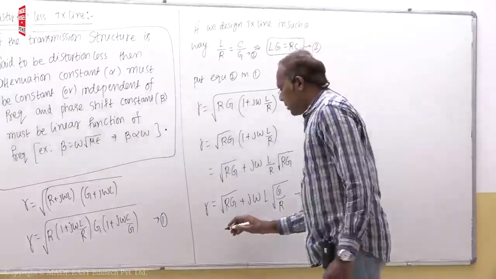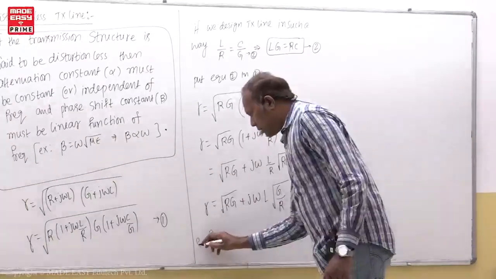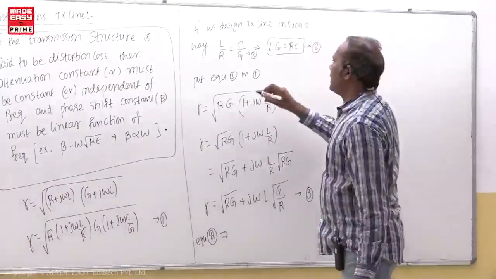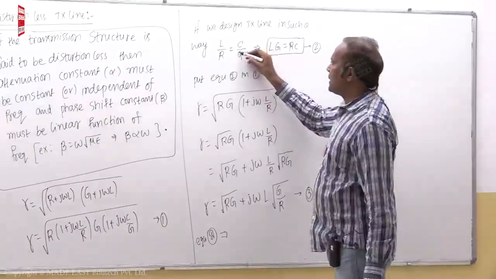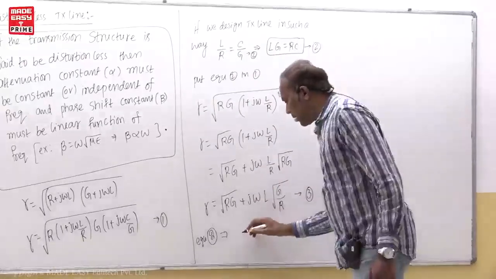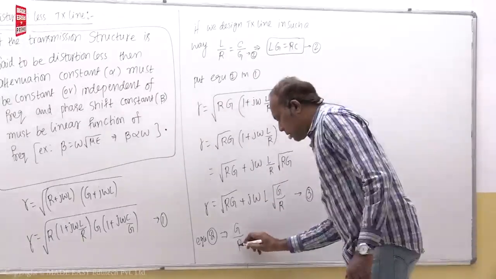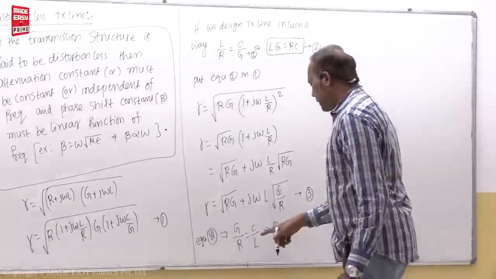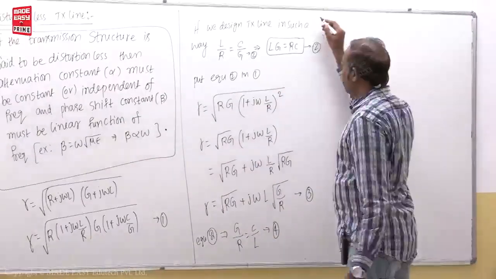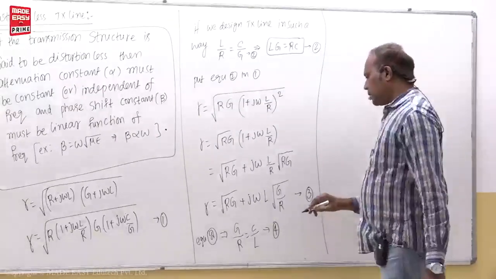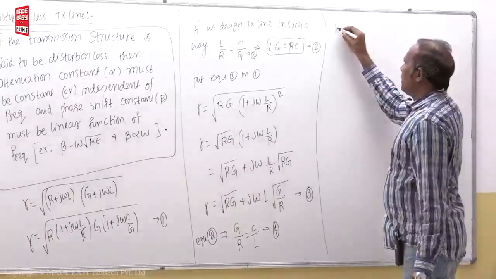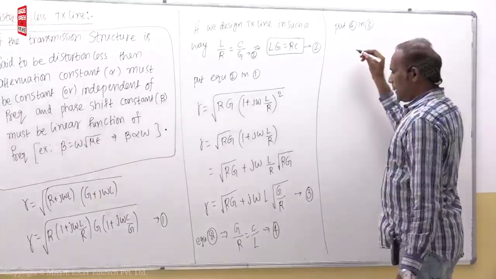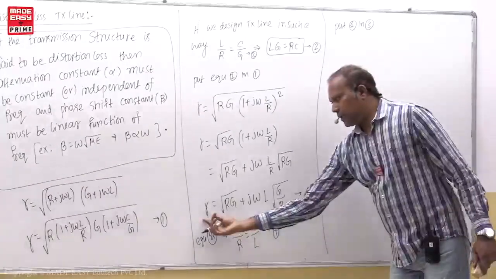Now from this condition, equation 2 implies, from this equation now you send this G here, G by R is equal to C by L, G by R is equal to C by L. This I wrote from equation 2 only. So put 4 in 3, then actually what is it, students?